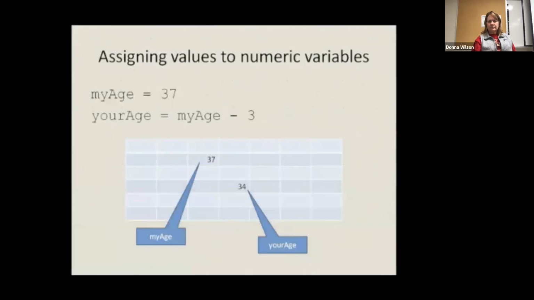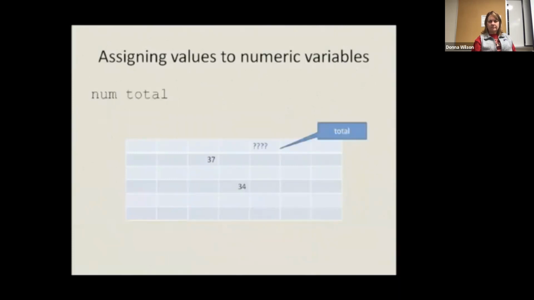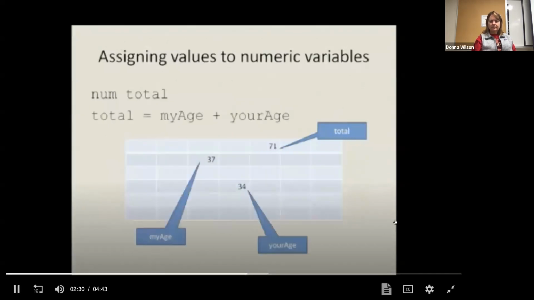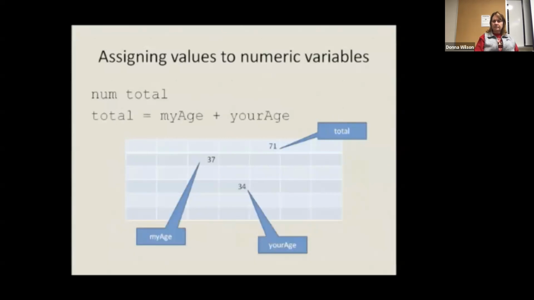That changes your age to 3 less than 37, or 34. You can declare a numeric variable total without a starting value, so garbage is stored there. And then you can assign arithmetic to it. Total is my age plus your age. The addition is performed, and the total is stored at the location named total.